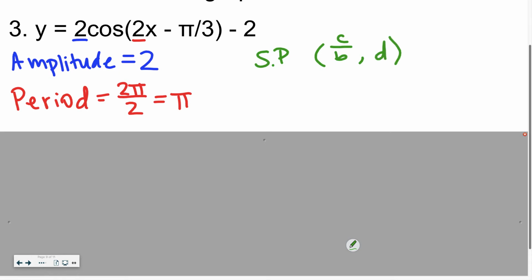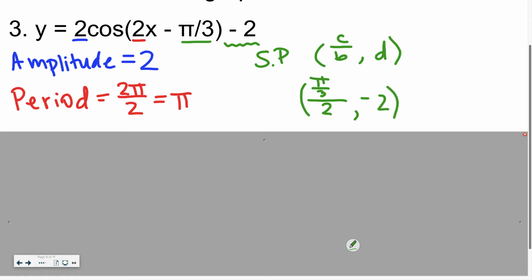So, our C value right here is pi over 3. So we are going to have to take pi over 3 and divide it by our B value of 2. And then our D is just whatever at the end, right? That negative 2.